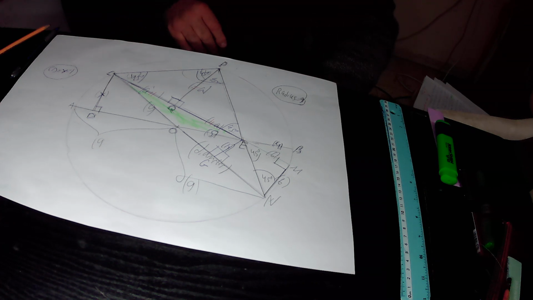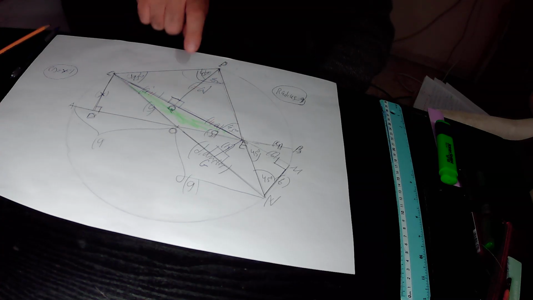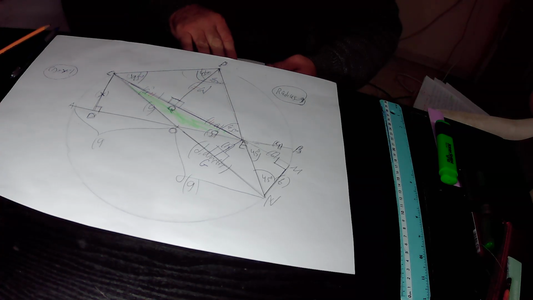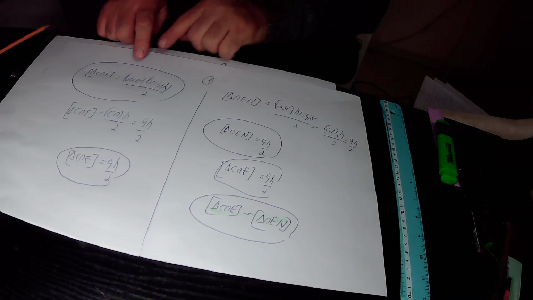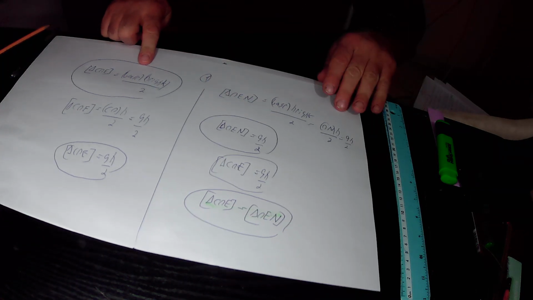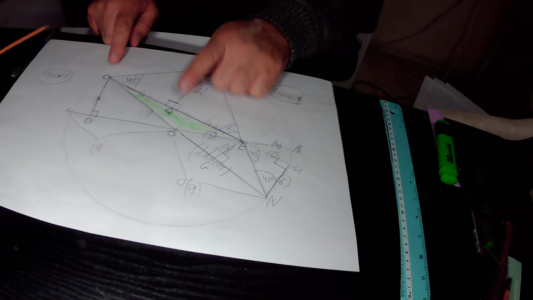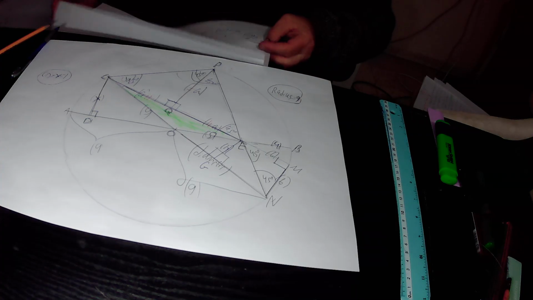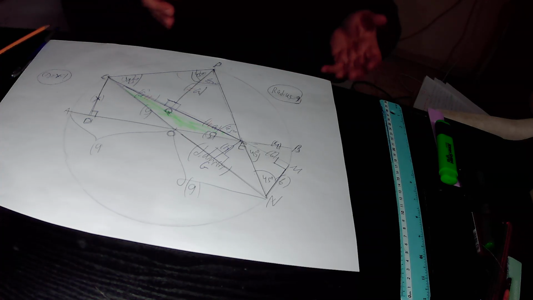In the next step, we calculate the area of this green triangle, COE. We know that the area of any triangle equals the base of the triangle times the height over 2. We choose the base of this green triangle COE as CO. What is the height of this green triangle?